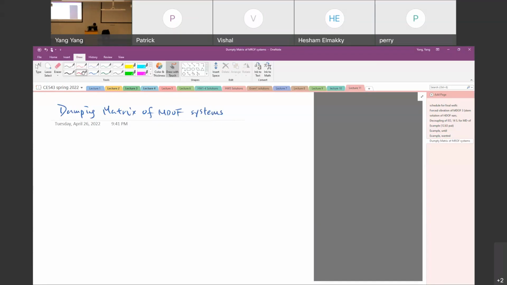Similar to the SDOF system, there is no way to analytically derive the damping matrix.